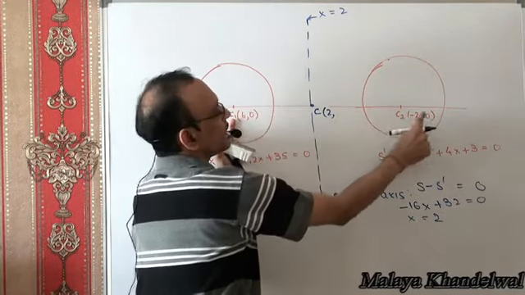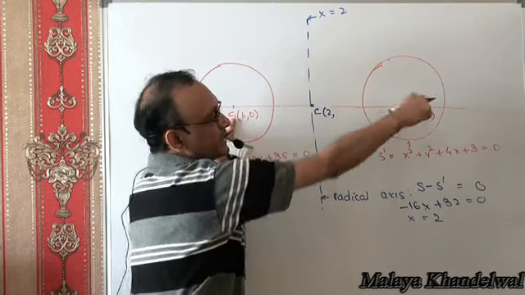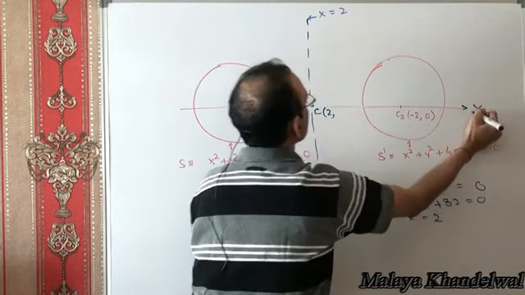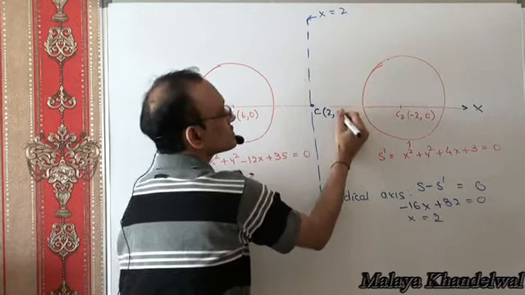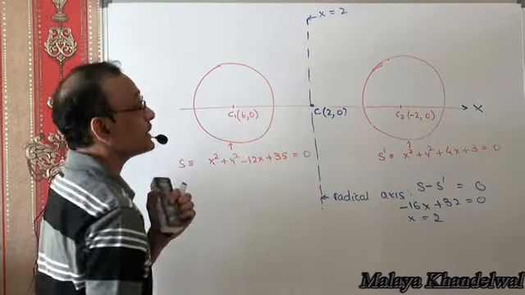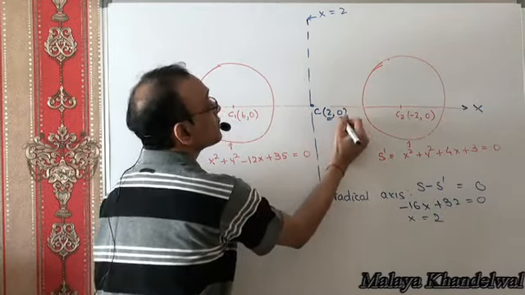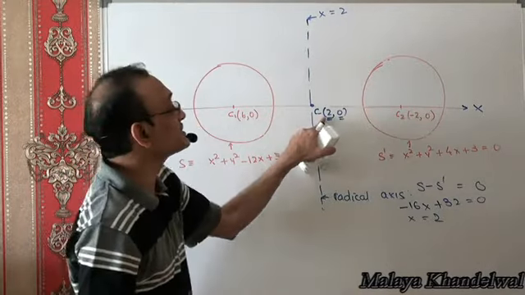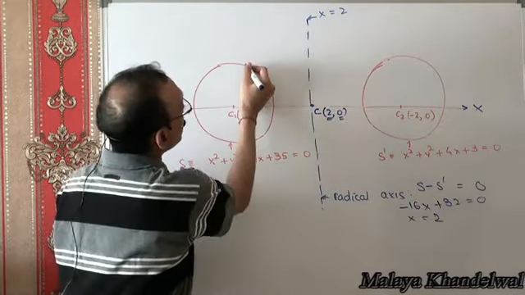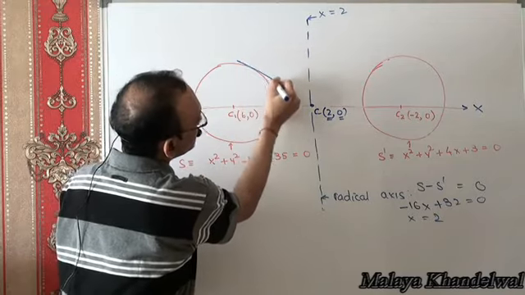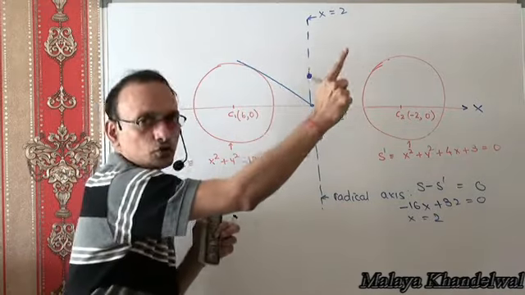See, the y is 0. So this is really the x-axis. X-axis means y is 0 here, right? That means the required circle has center. The minimum possible circle will have its center at (2, 0), and the radius of that circle would be the tangent drawn from C to any one of the two circles.